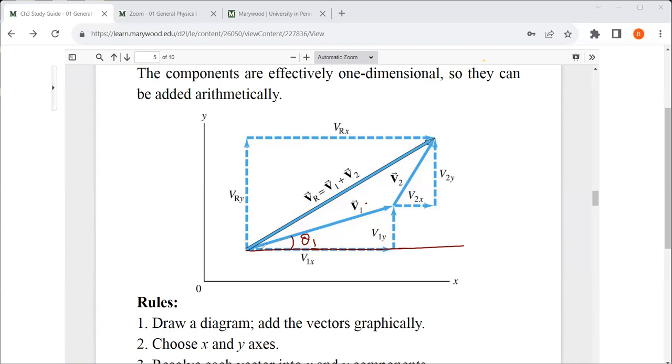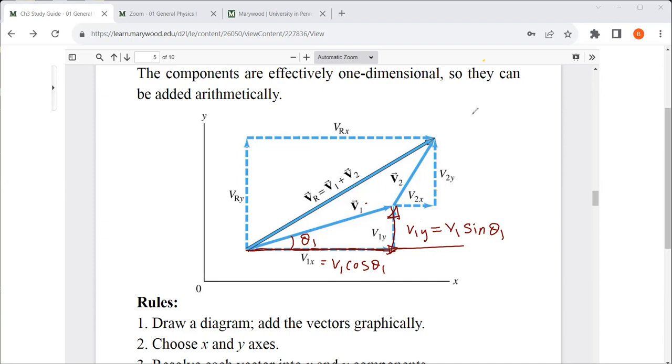If I break it, this will be v1x and this will be v1y. v1x will be v1 cosine theta 1, and v1y, because it is opposite, will be v1 sine theta 1. We already learned that. So when we have a vector, we can resolve it into its components by using these two equations.